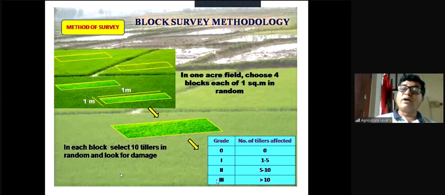Why do we call it grading? Because it is an indication or symbol. If you want to make a graph or a map, the grading is important, and the related person can easily understand from the grade.